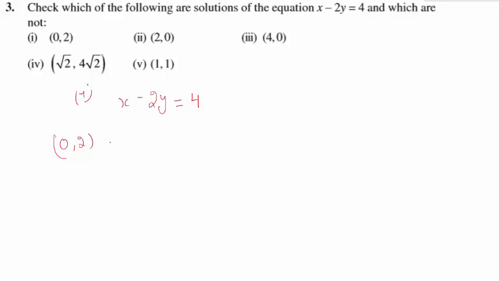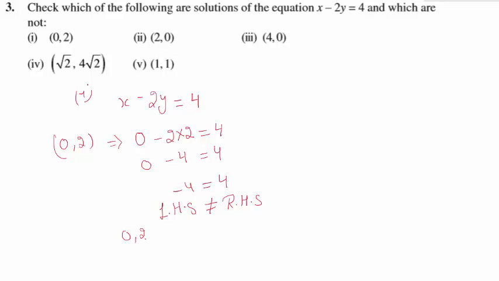Substituting, this will become 0 minus 2 into 2 equals 4. So 0 minus 4 equals 4, minus 4 equals 4. So left hand side, LHS, is not equal to right hand side, RHS. So 0 and 2 is not a solution of x minus 2y equals 4.